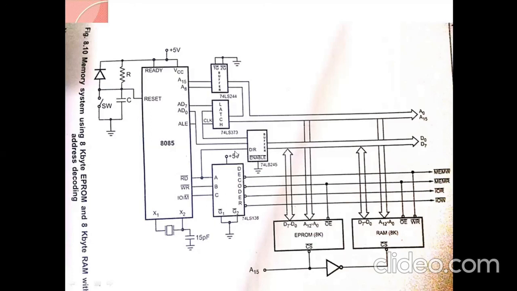This decoder is used to enable the read or write operation. When A is 0, B is 1, and C is 0, that is called a memory read operation, so the read pin will get enabled. When it is 1, 0, that is called a write operation.